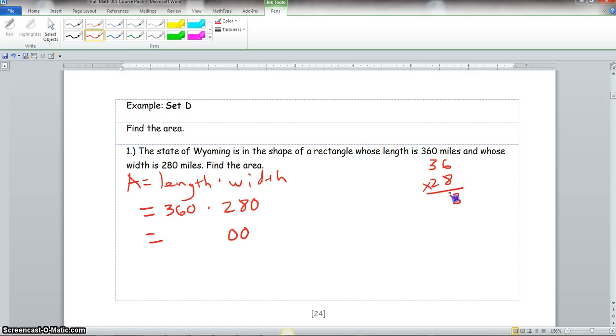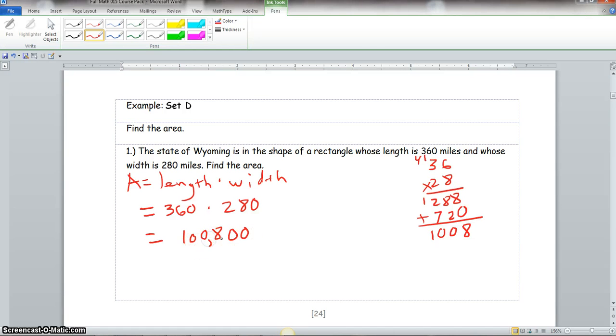8 times 6 is 48, carry a 4. 8 times 3 is 24, plus 4 is 28. Add 0 here. 2 times 6 is 12, carry a 1. 2 times 3 is 6, plus 1 is 7. So we add this together, we have 8. This is 10, carry a 1. This is 1008. So we'll put our 1008 here.